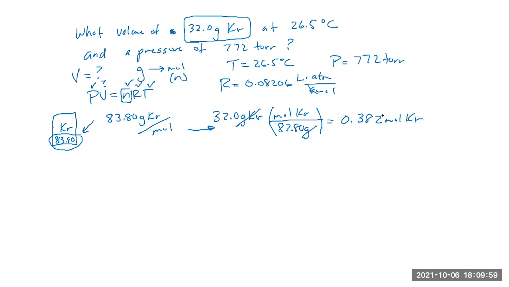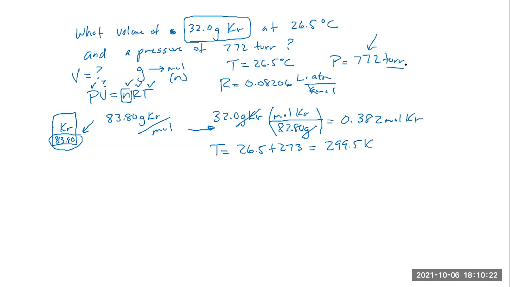We do have it in moles. We also need to convert our temperature into Kelvin in this problem I made up. We would add 273 to that, which gets us to 99.5 Kelvin. And our pressure is not in the right units either.